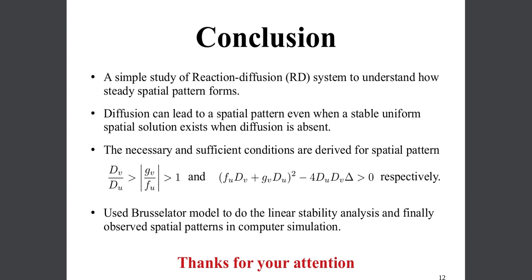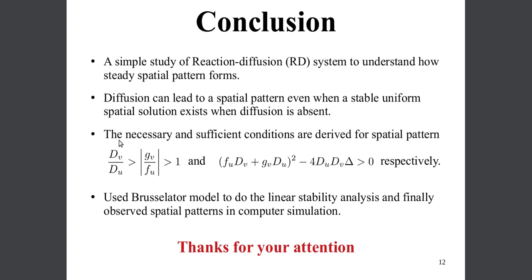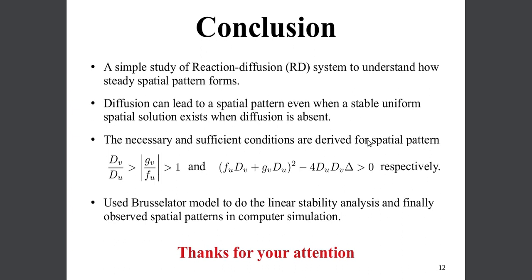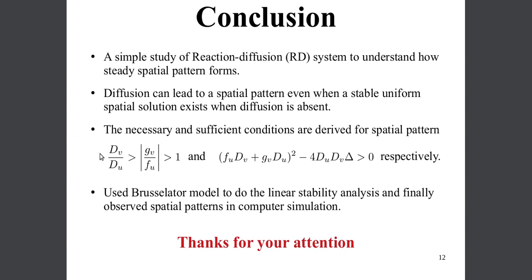But here diffusion is doing something counterintuitive. We have some uniform concentration and diffusion makes it unstable and gives some non-uniform solution, and this is really interesting. So we have derived the necessary and sufficient conditions for the spatial pattern.